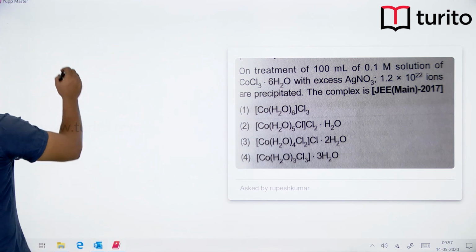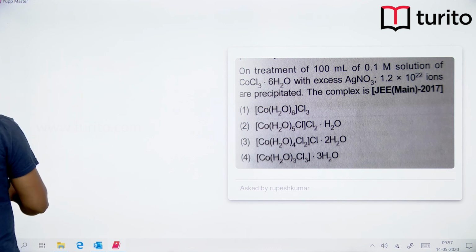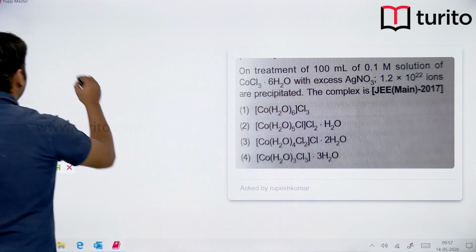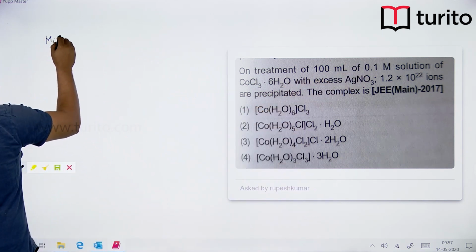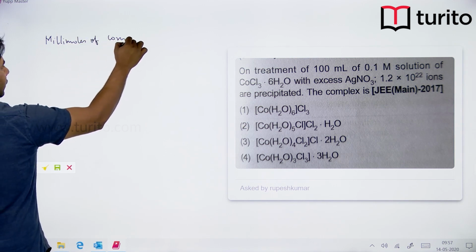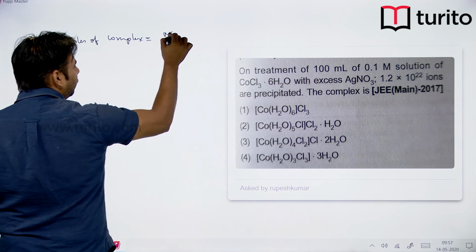We have been given a complex whose concentration and volume are given. The millimoles of complex would be its molarity times volume in ml.